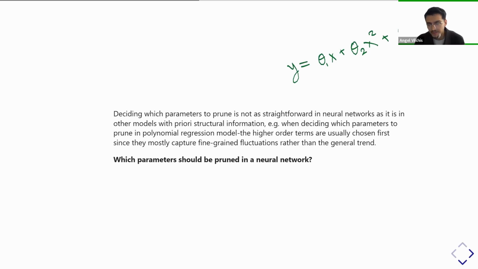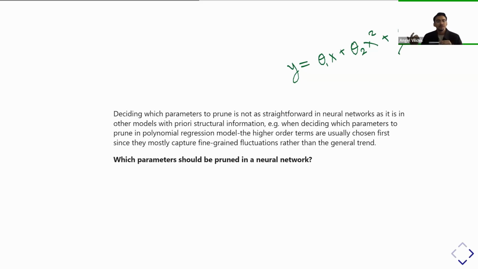With a model like this, we would prune the higher order terms first because they capture less of the general trend, the generalizable part of the data, and they capture more of the fine-grained trends and details of the data, which would lead to a model that's more complex and less generalizable to new data. So we would remove higher order terms first.